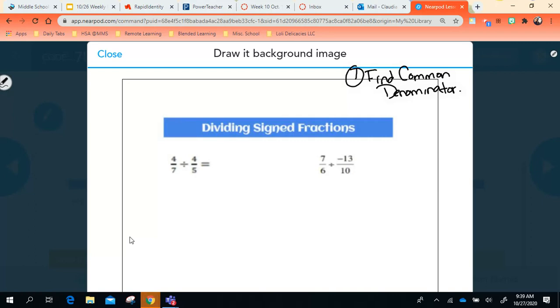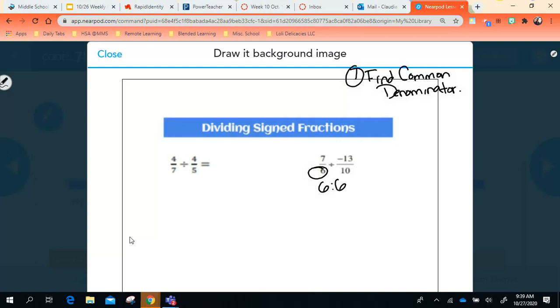So the first thing I'm going to do, I'm going to take my counting by number sheet. It's going to be my new best friend. And I'm going to look for 6.